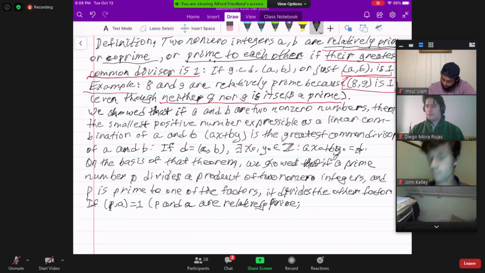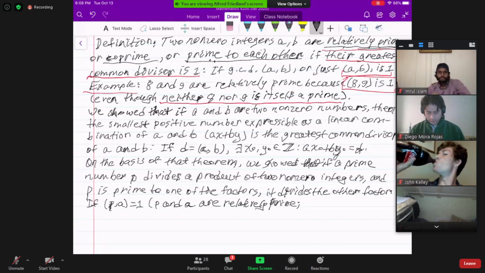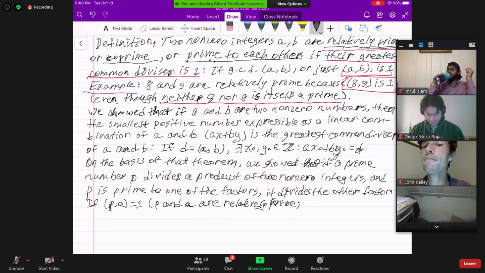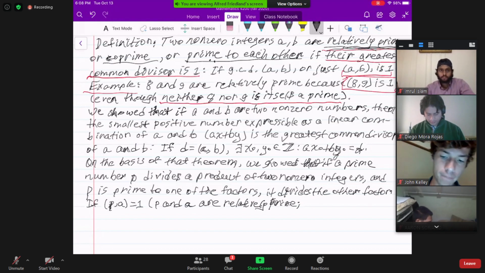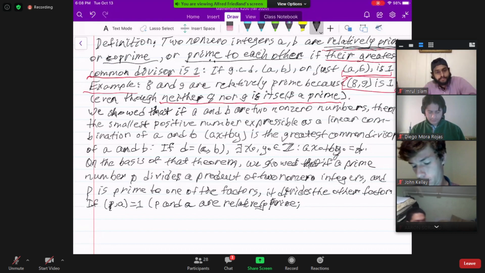A number itself is prime if its only positive divisors are 1 and itself, such as 11 is divisible by just 1 and 11 and nothing else, versus say 10, which is divisible by 2 and 5, as well as 1 and 10. When you talk about relatively prime over here, at the top, we are talking about 2 or more numbers.